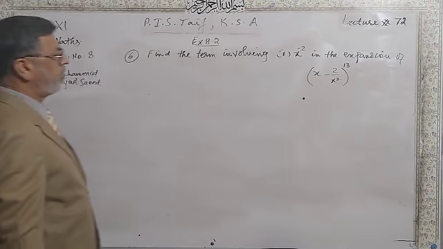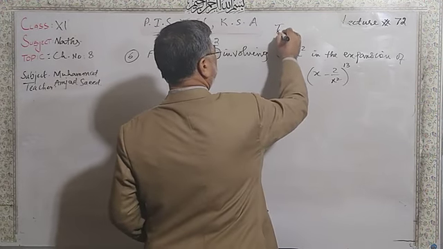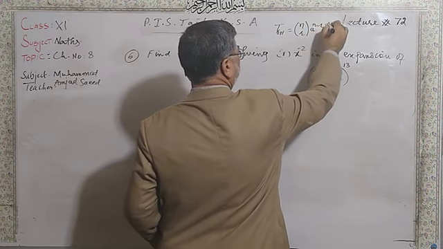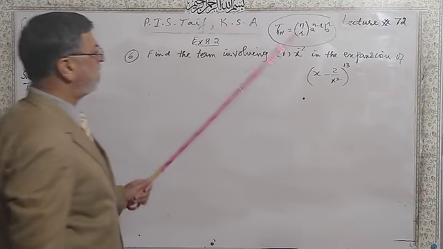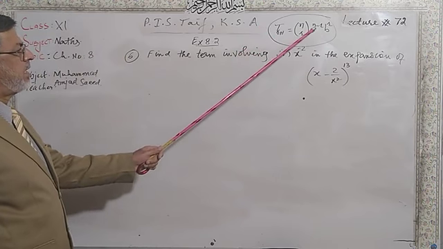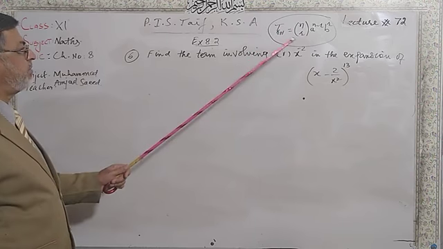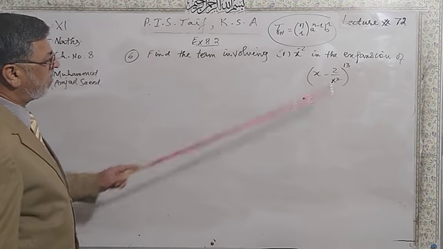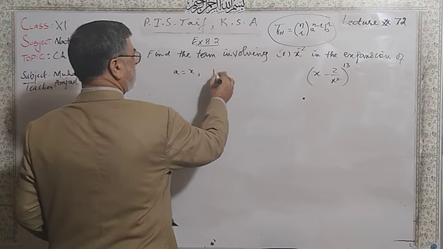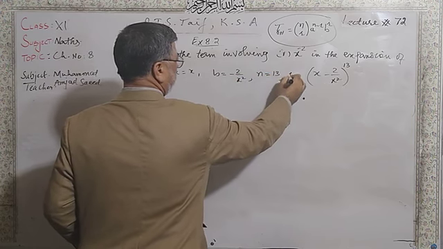Dear students, first of all you must know about the rth term. Here we have T(r+1) is equal to nCr a to the power n minus r, b to the power r. This is the specified term, same as we were writing in the binomial theorem. From this expression, A is equal to x, B is equal to minus 2 over x square, n is equal to 13.